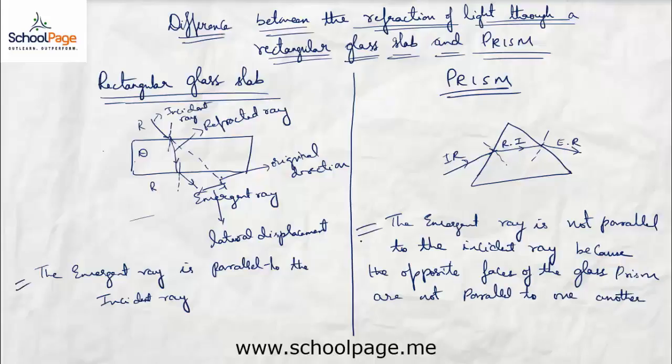So this is the main difference between these two. The emergent ray is parallel to the incident ray in case of a rectangular glass slab, whereas in case of a prism, the emergent ray is not parallel to the incident ray because the opposite faces of the glass prism are not parallel to one another. They are inclined at an angle called the angle of the prism.